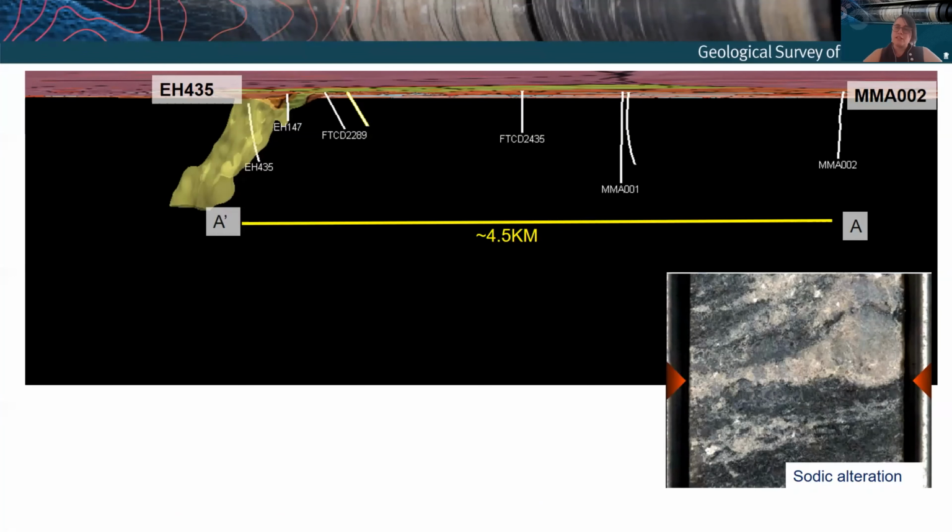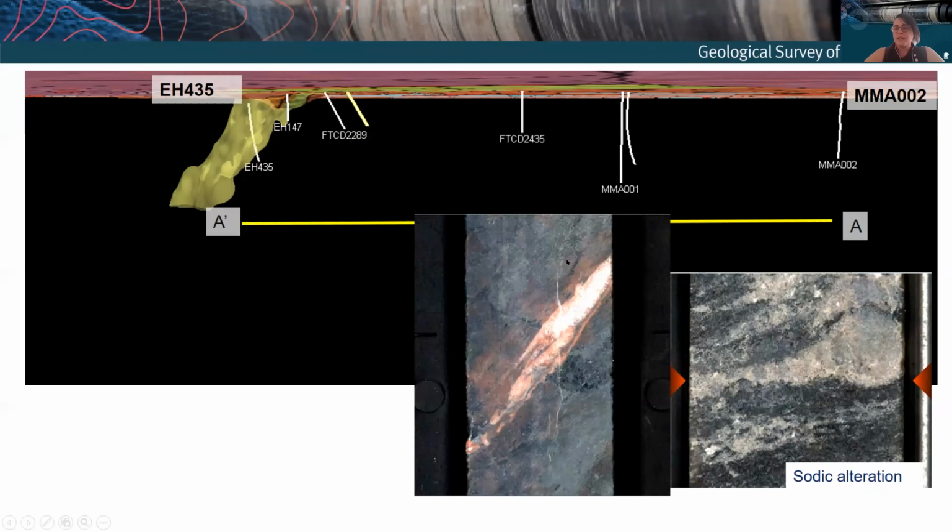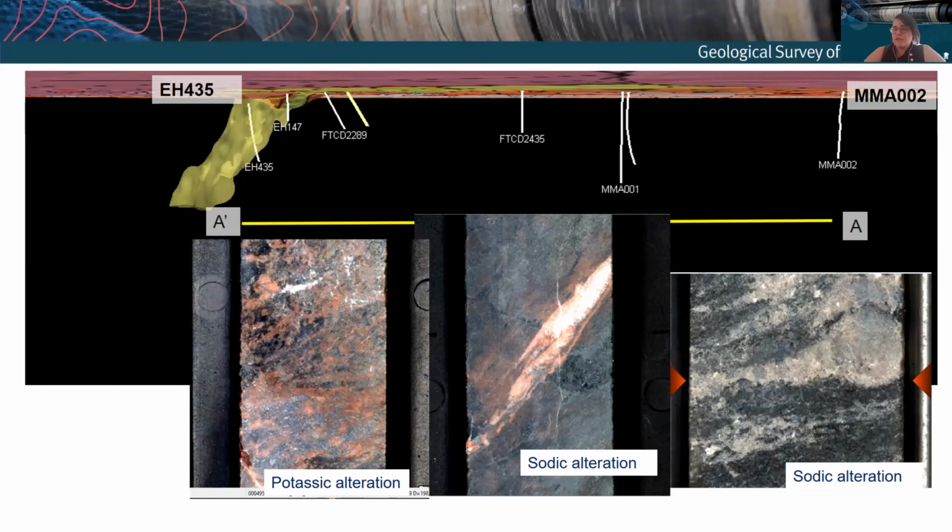But unfortunately, as you come towards ore and you get into this intermediate zone in the middle, it's not as simple, because when you look at this sample, it's also flagged as sodic alteration. And this is another albite that actually has hematite dusting over the top, which honestly doesn't look too different from this picture of potassic alteration.